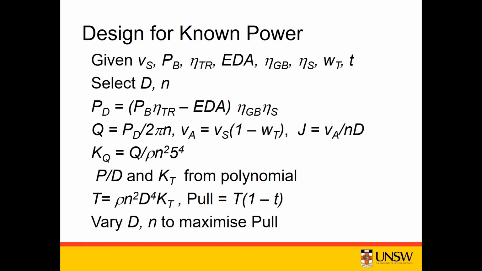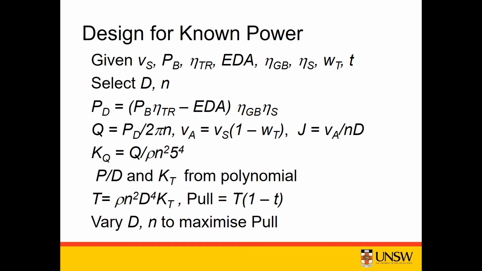So we now know the speed, we know the brake power that we have, and so then we go through all these calculations here. We can calculate the thrust and hence the pull, and provided that we've got that greater than the resistance that we had as our initial opening gambit, we're okay, we're going to reach the required speed.